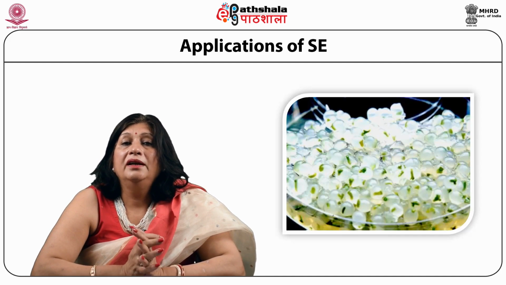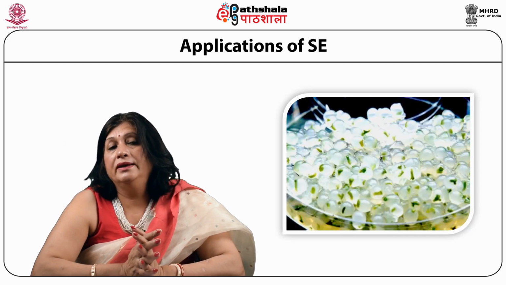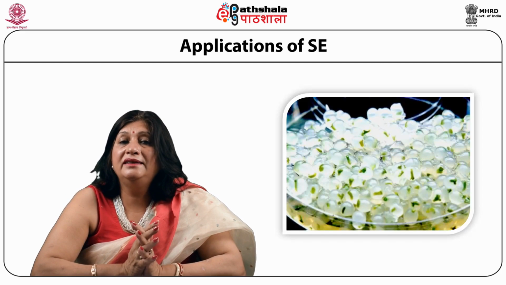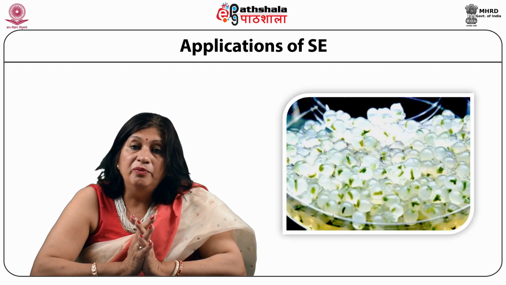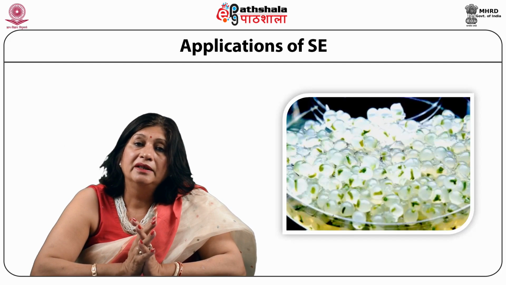Now, what is being tried, what is in research and something which is required, is that can we treat these cells with mutagens and get mutants, some of which might be resistant to fusarium.